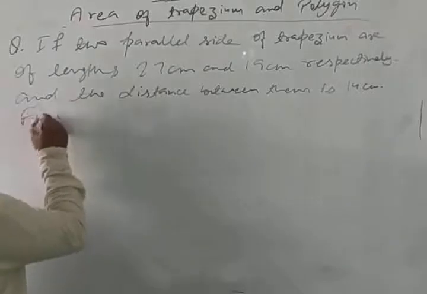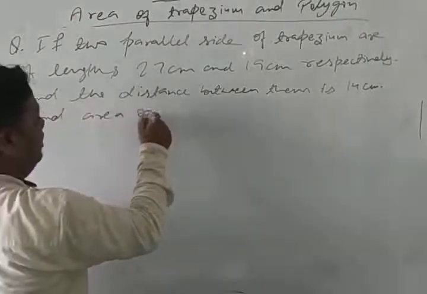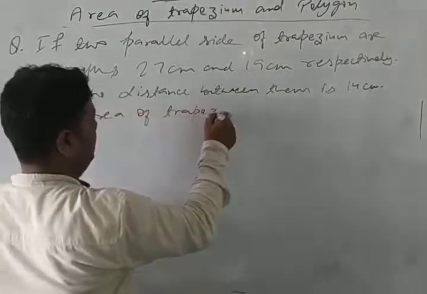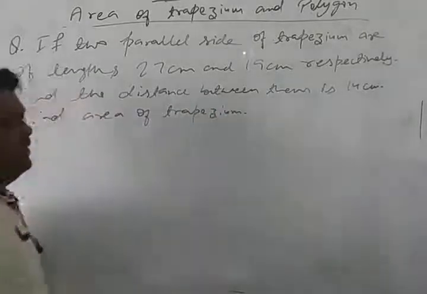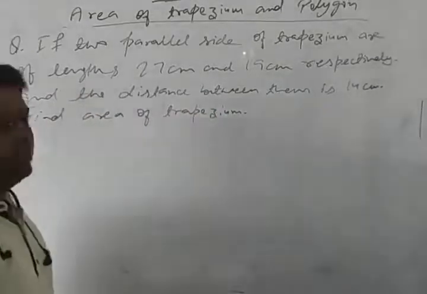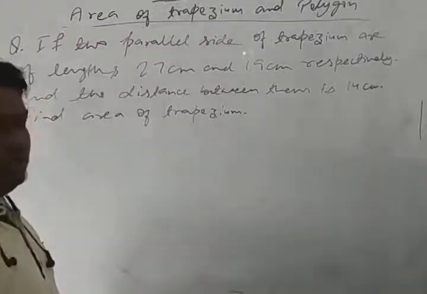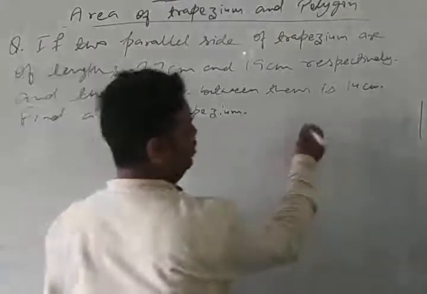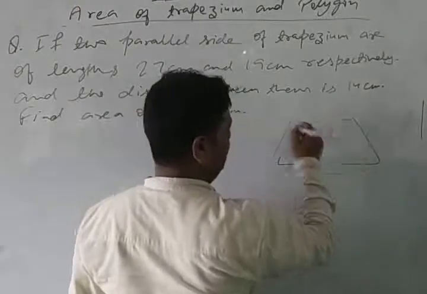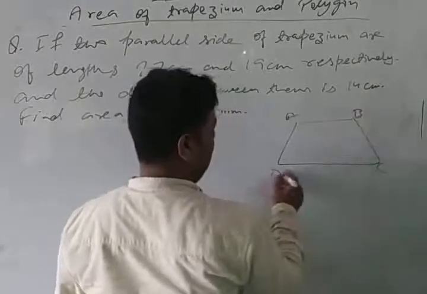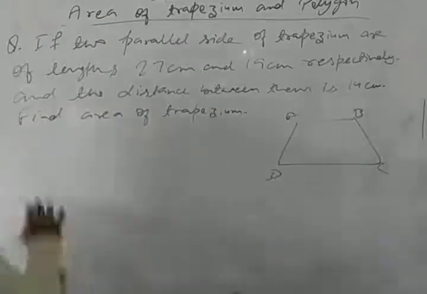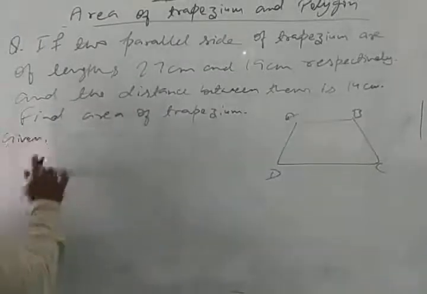Then find the area of the trapezium. In this question, everything is given, so there is no need to draw the figure. But if you are drawing, then there is no problem. Now I am drawing the figure. ABCD is a trapezium. Now what is given?